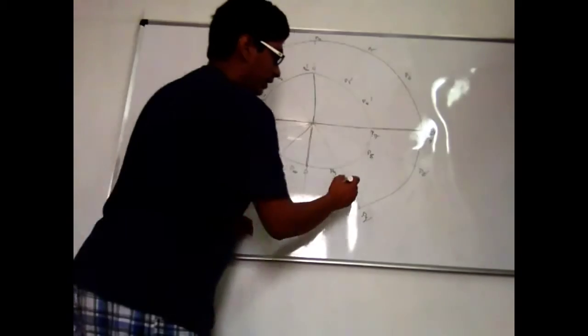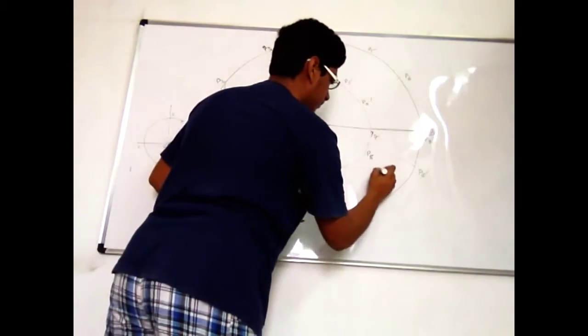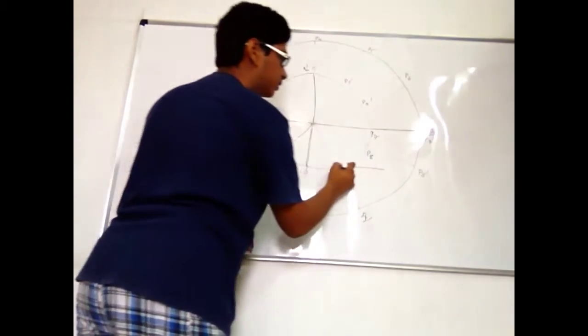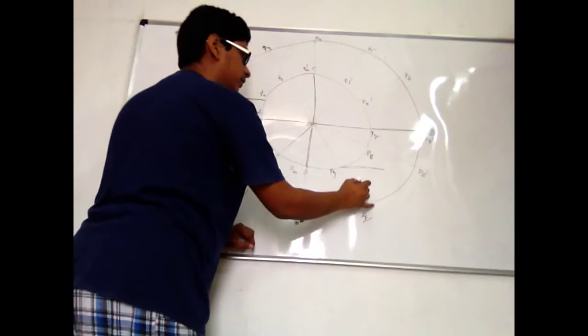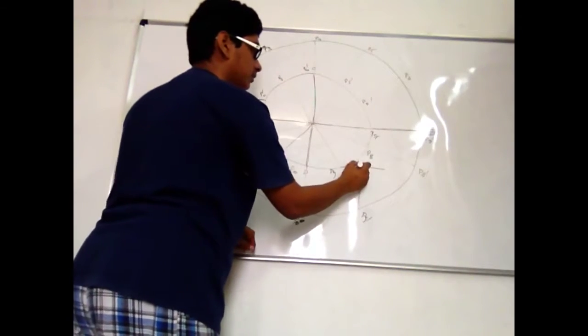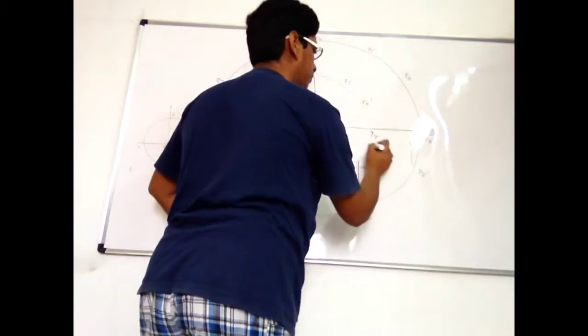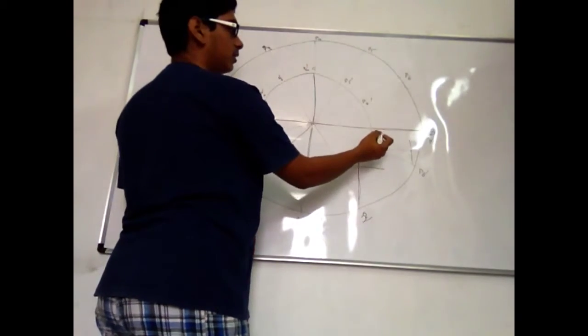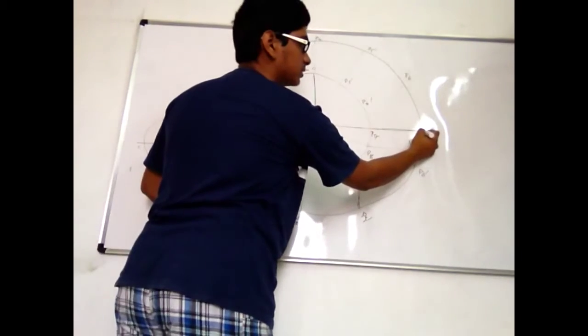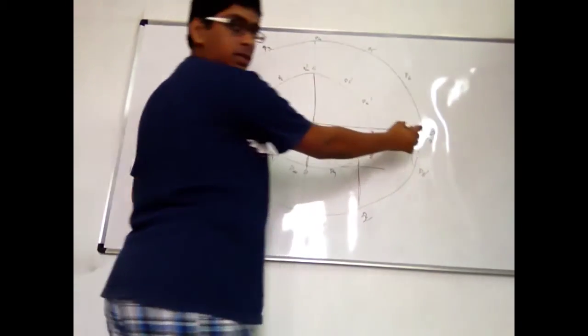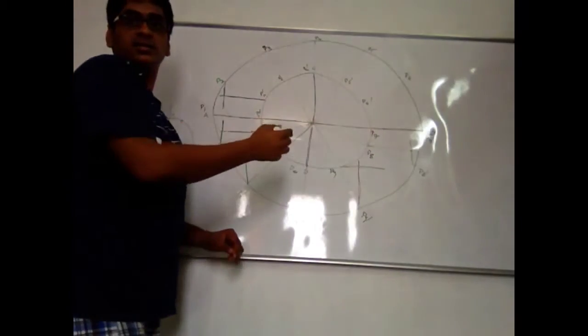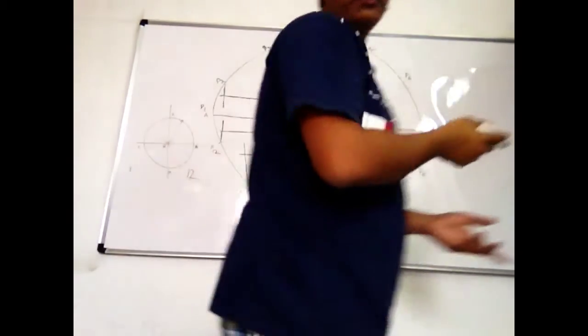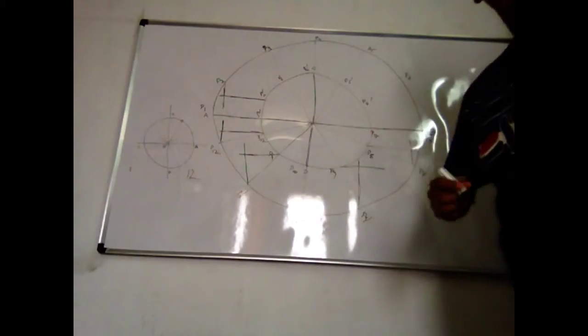From P9, draw a horizontal from P9 and a vertical from P9 dash, and the same here for P8. And this one is the end of the major axis, so no need to draw any further projections. Fine with that?